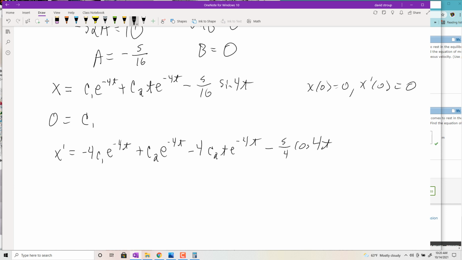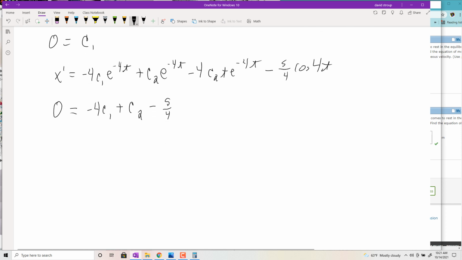Can I combine anything there? Not really. Substitute in the initial condition again. So 0 is negative 4 C1 e to the 0, which is 1, plus C2 e to the 0, which is 1, minus 4 times C2 times 0 times 1, which is just 0, and then minus 5/4 cosine of 0, which is 1, so minus 5/4 times 1.